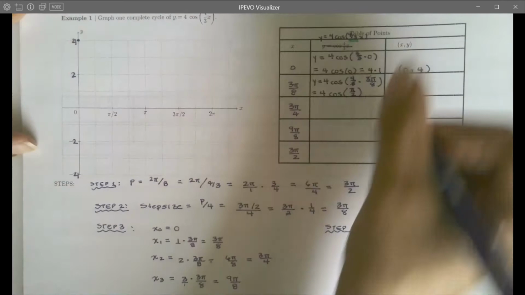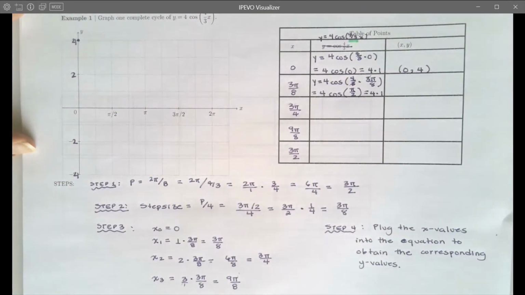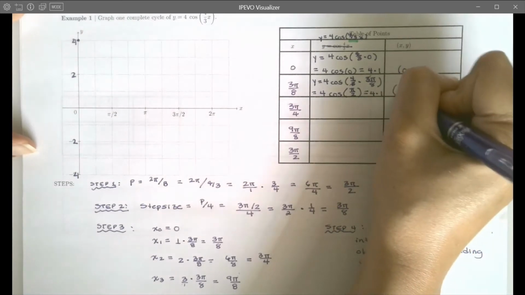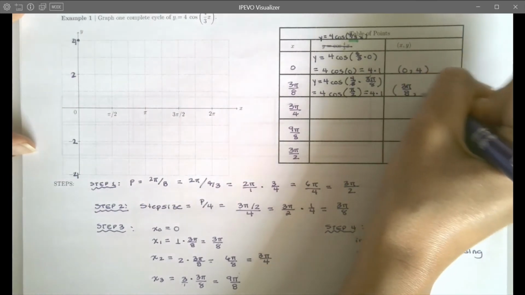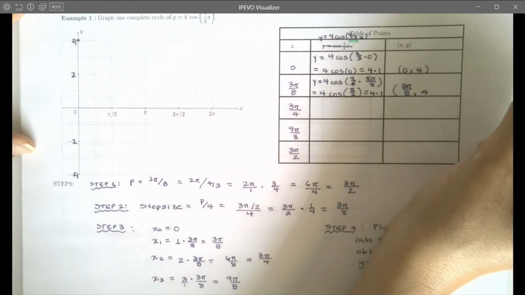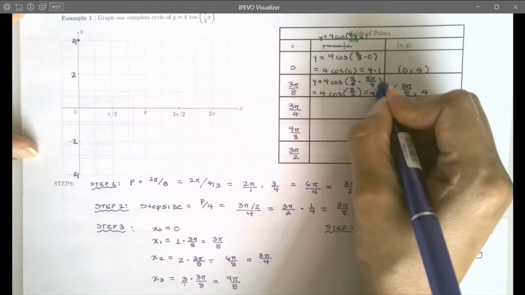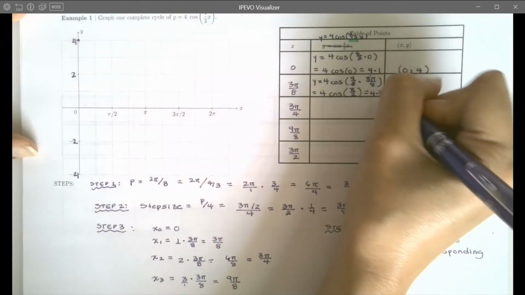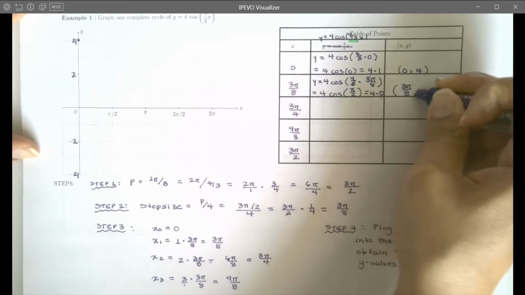Now cosine of pi over 2 is 0, so we're going to get a 4 times 0, which is simply a 0.